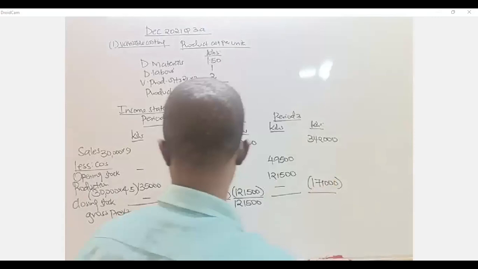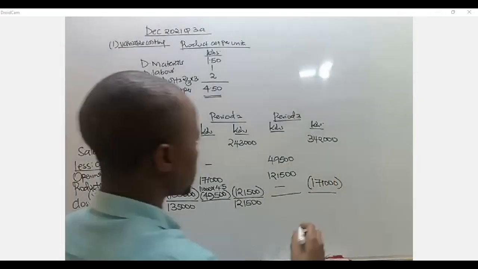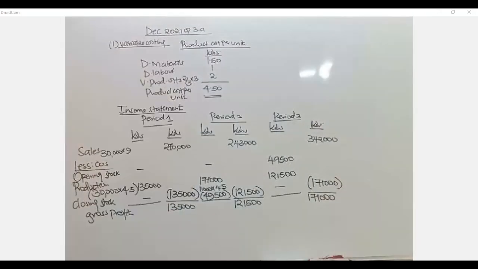And it also means here the gross profit will be 171,000. I think at that point it is okay, right?